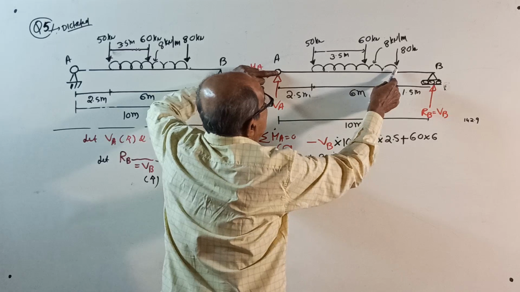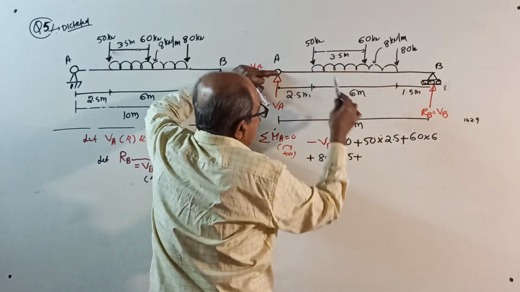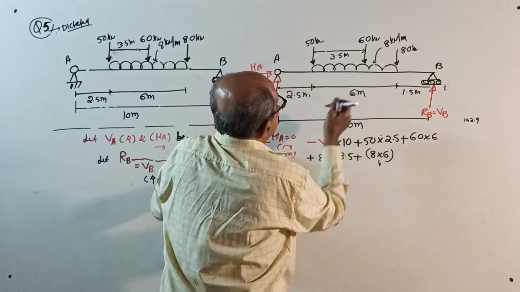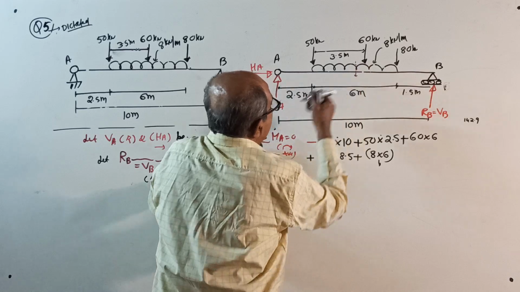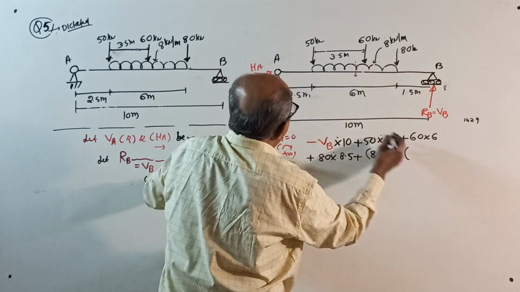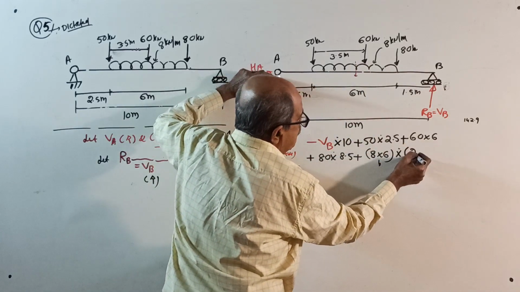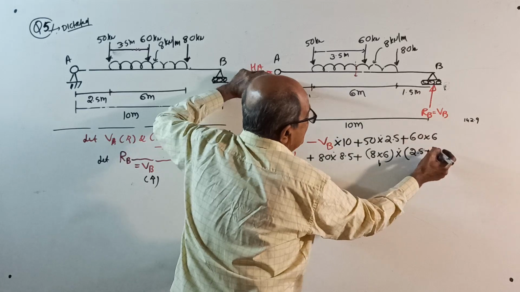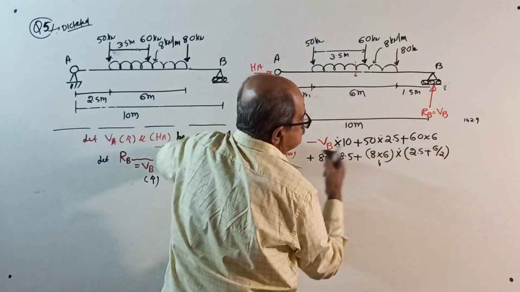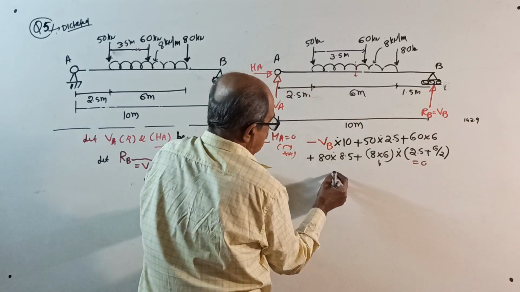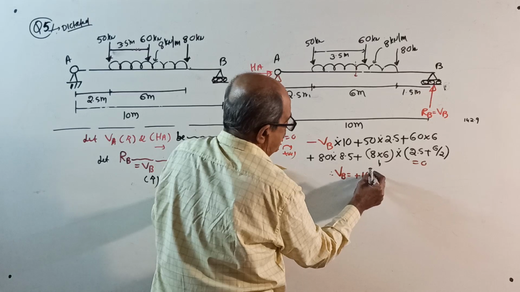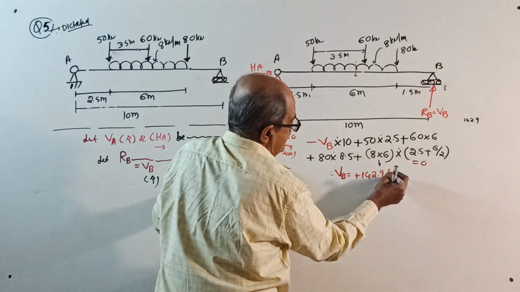Then plus 8 kilonewton per meter for 6 meter. 8 into 6 is the total load. It will pass through the center of the UDL, into 2.5 plus 6 by 2, equal to 0. Therefore, your VB will come plus 142.9 kilonewton.